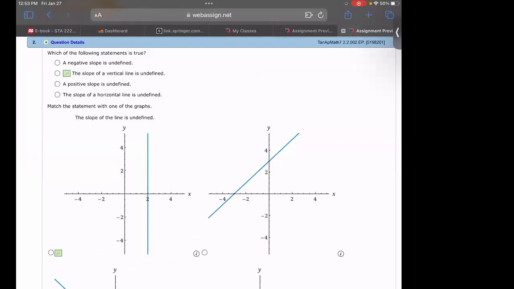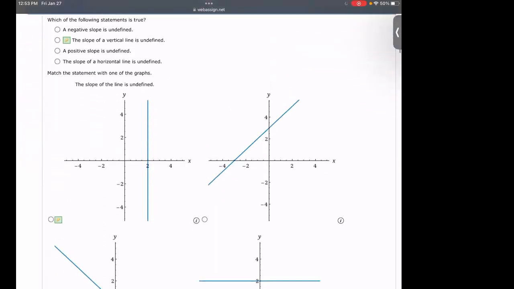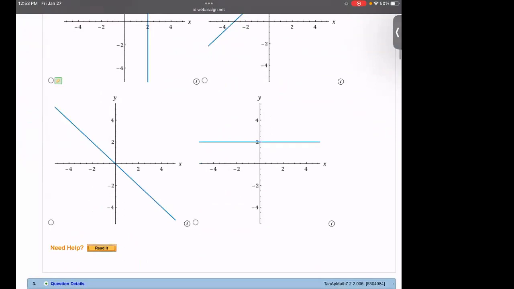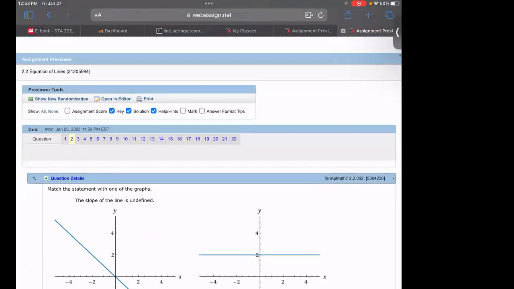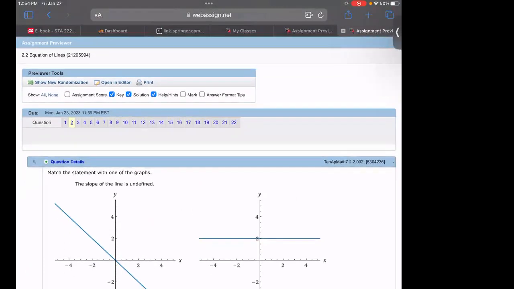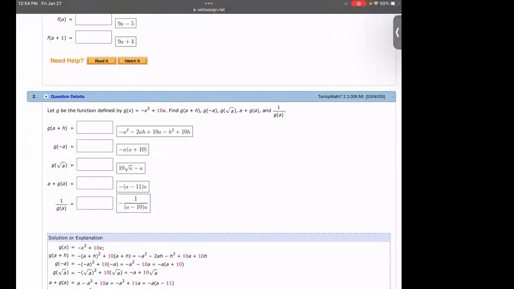It was one of the top ones for mine, but I think it was randomized from the slide. It wasn't a graph. Sorry, I hit 2.2. 2.3. That one, the fourth one. The last two I didn't understand.